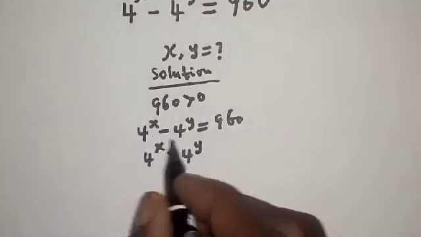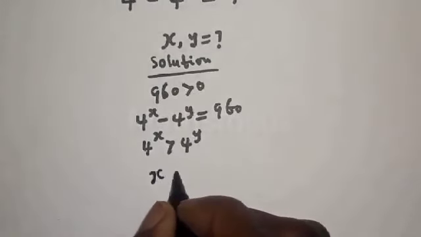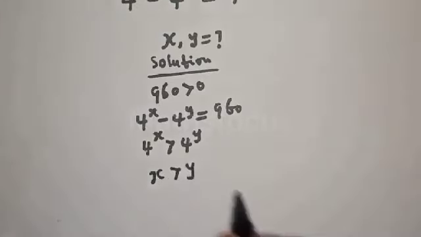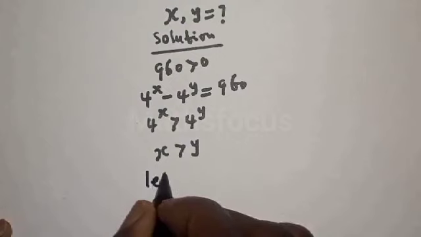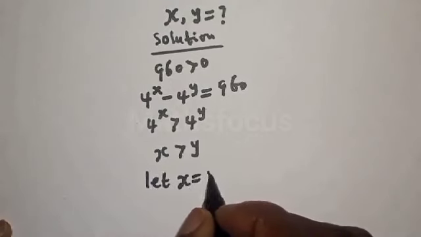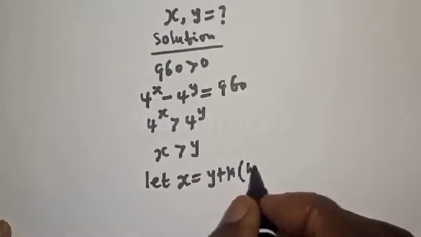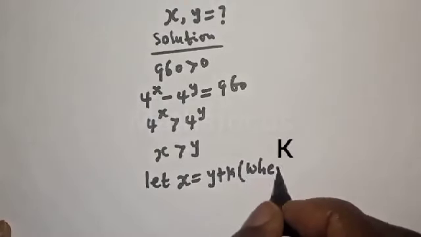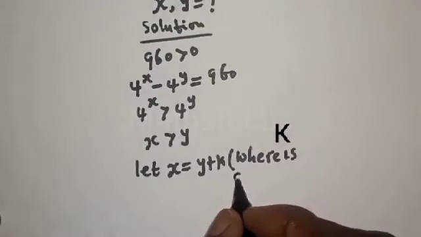Since 4 raised to the power x is greater than 4 raised to the power y, x is greater than y. Let x is equal to y plus k, where k is any integer.